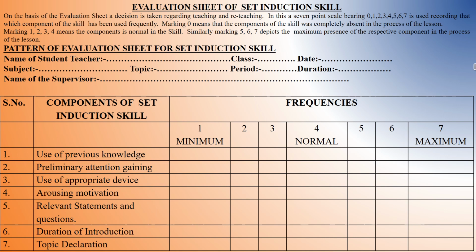The components of the set induction skill will be the same: use of previous knowledge, preliminary attention gaining, use of appropriate device, arousing motivation, relevant statements and questions, duration of introduction, and topic declaration.